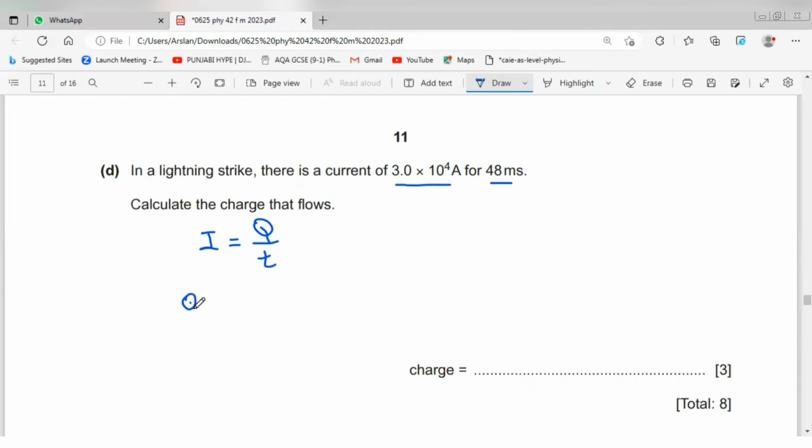So charge is equal to I times T. I is 3 × 10^4 amperes while time is 48 milliseconds, which you can write as 48 × 10^-3 seconds. So you will get 1440 coulomb. Coulomb is the unit of charge.